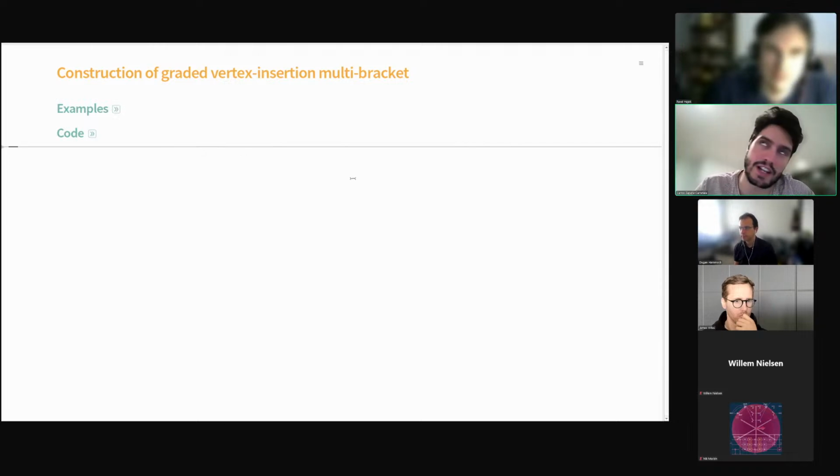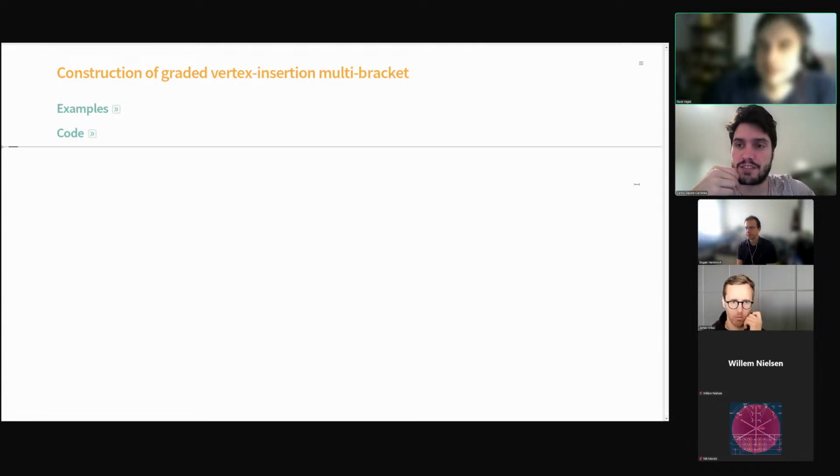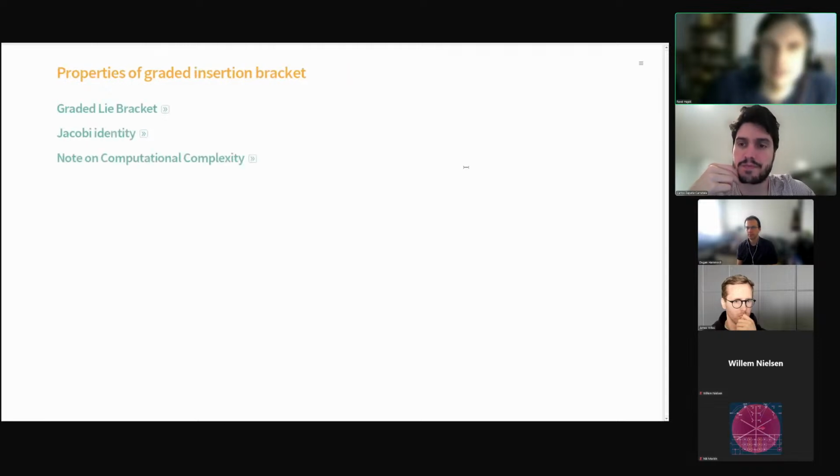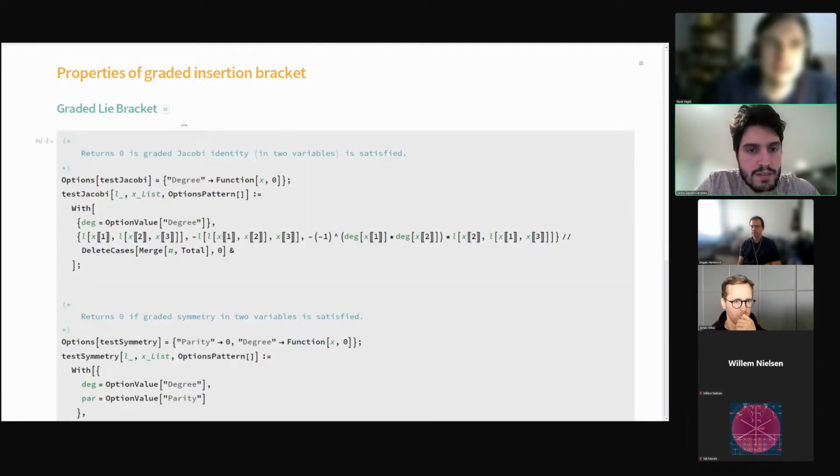Yes, or I should say isoclasses of vertex ordered hypergraphs. Okay, so what kind of bracket is it? I don't know what it is for general n, but I know what it is for n equals 2, and for n equals 2 it's a graded Lie bracket.